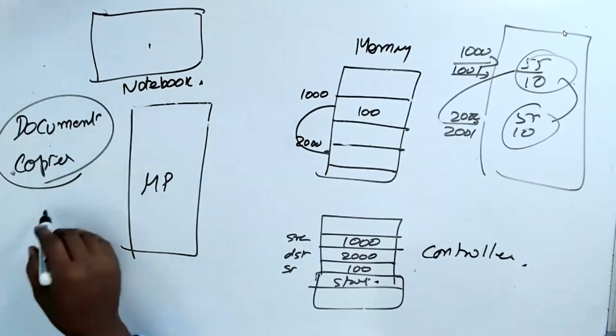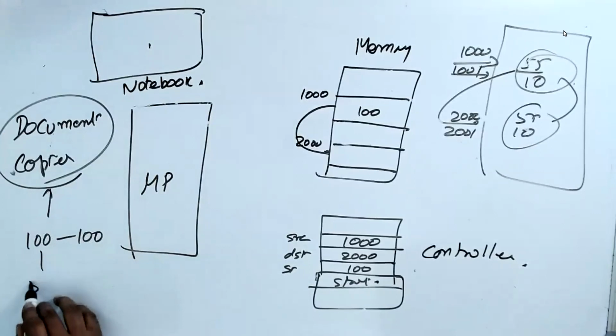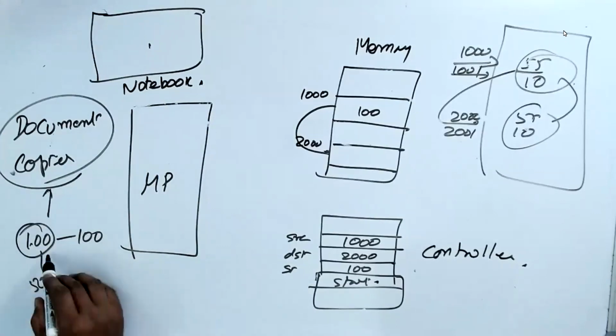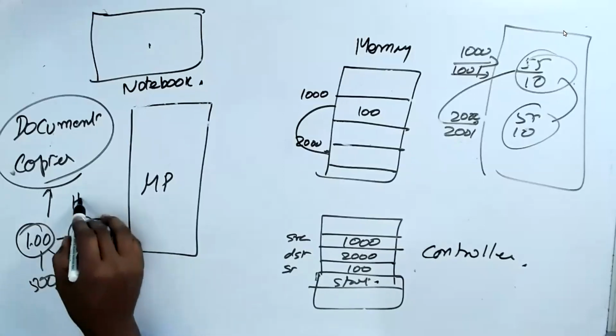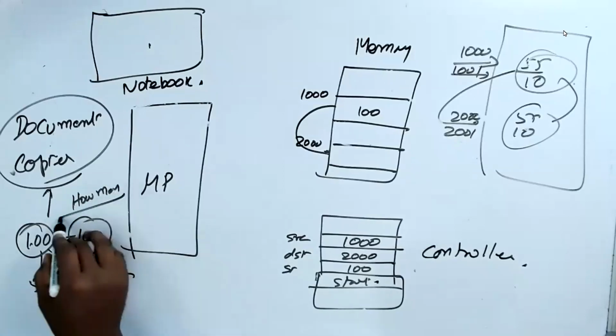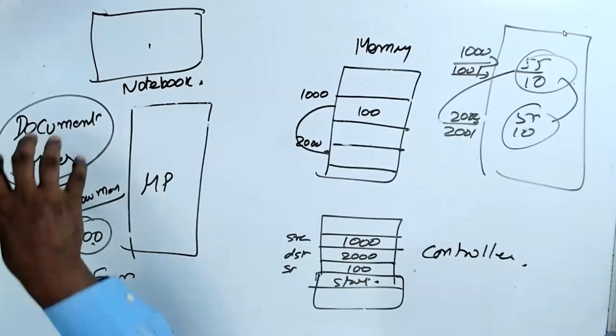I tell the document copier, hey, from 100 pages to 500, how many pages? 100 pages. That's it. He goes there and it's getting copied. Is it clear? So I have appointed a document copier now.